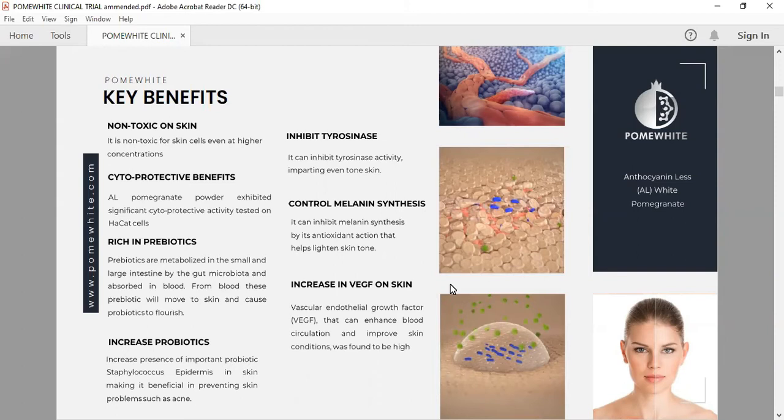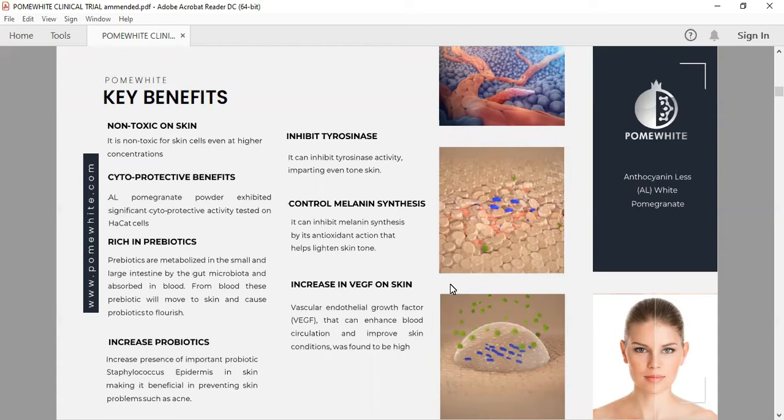We have done this with the help of cytotoxicity assays, and cytoprotective benefits were also seen on HaCaT cells. HaCaT cells are basically skin keratinocyte cell lines, which we use in in vitro studies, and these cells responded to the benefits of anthocyanin-less pomegranate extracts up to very high levels. I will show it in detail in my results section now.